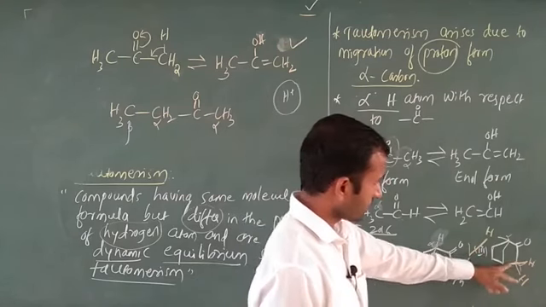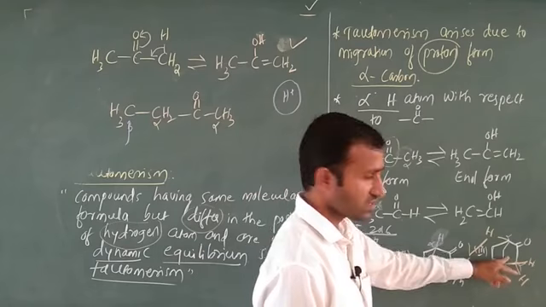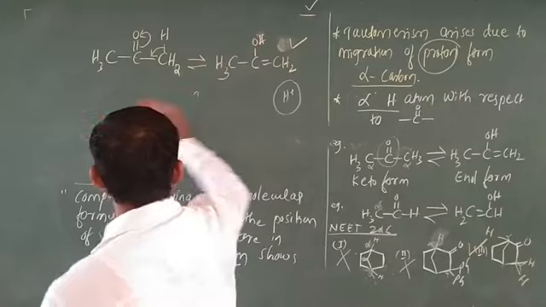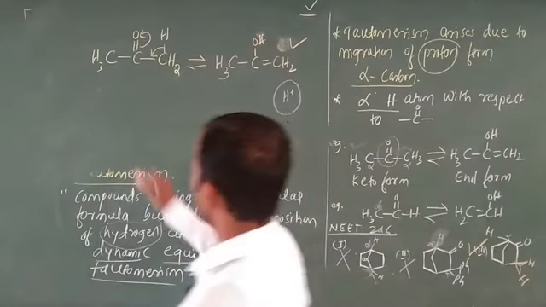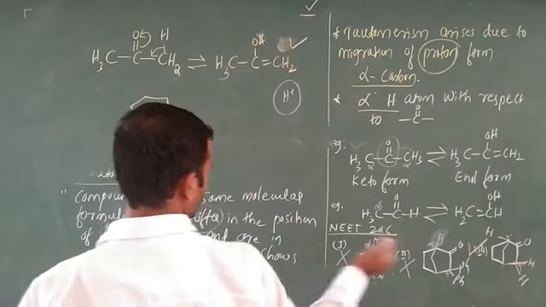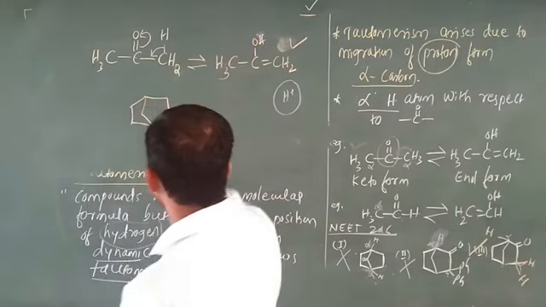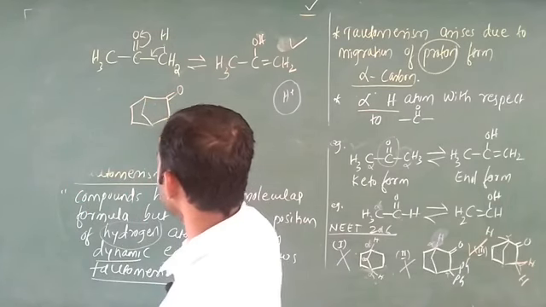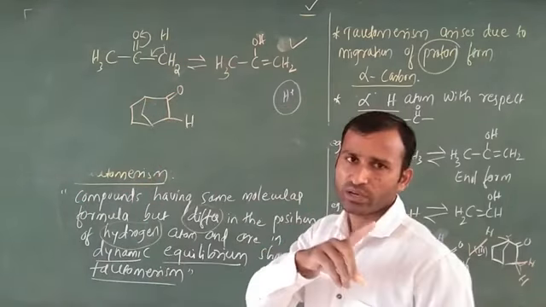If you want, you can write the mechanism for this one. I am going to write the mechanism here. You have to practice. Find n number of questions on Google. Here, if you shift only 1 hydrogen, that is enough.